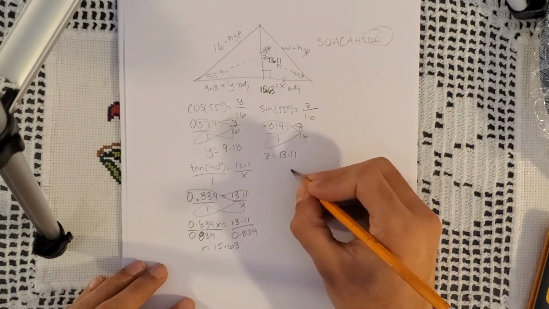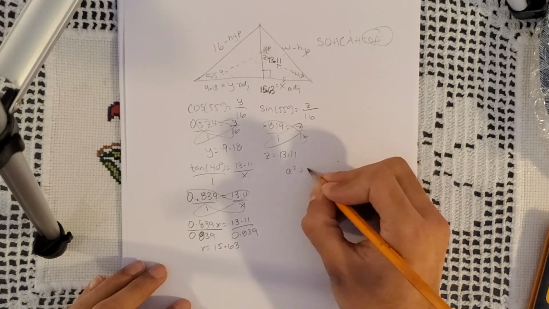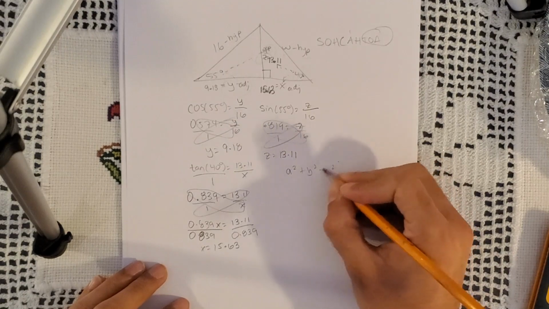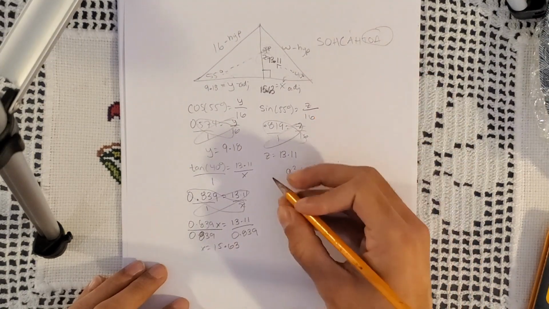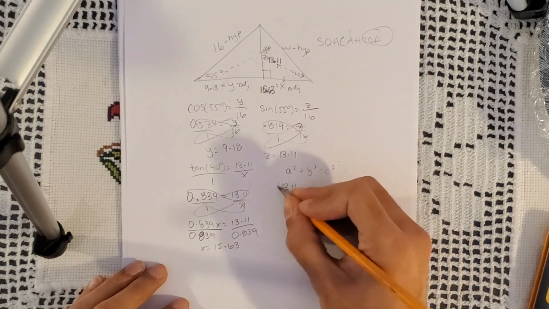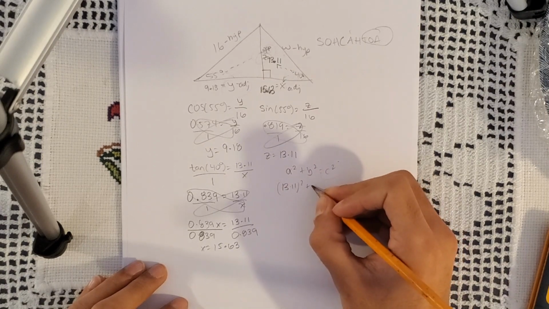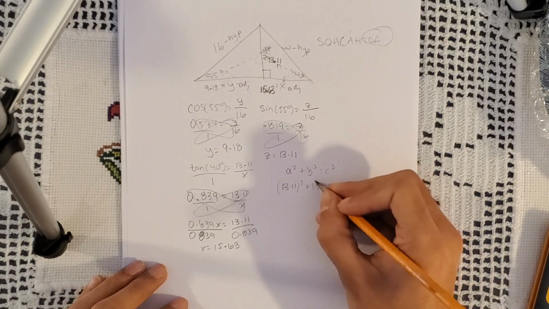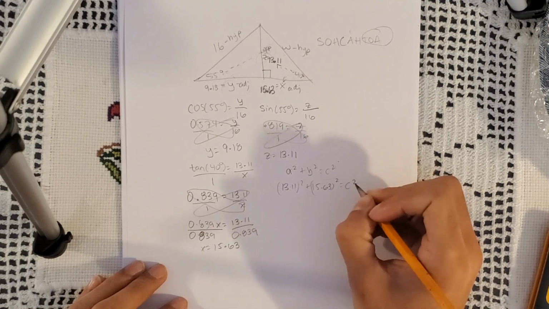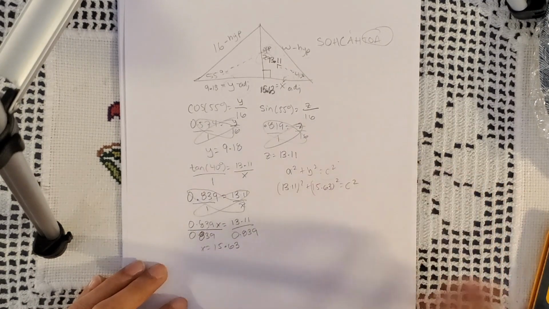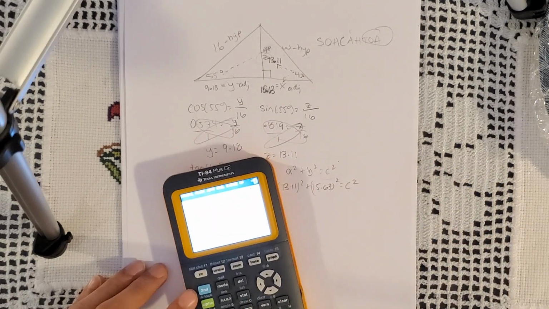Now that I have those two sides, the last side, the hypotenuse, I'm going to solve with Pythagorean theorem, just to show you that I can use it. A squared plus b squared equals c squared. C squared is always the hypotenuse, which is that one. So 13.11 squared plus 15.63 squared equals c squared. All right. Plug that information in my calculator because that's why they're invented, so we can use them.